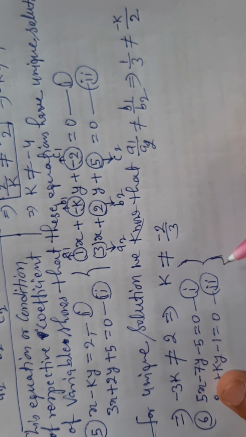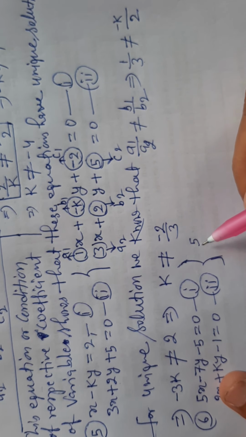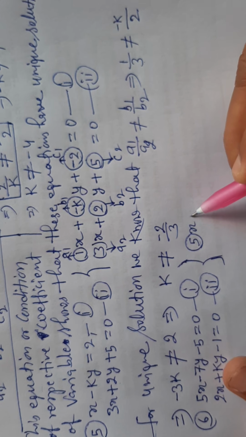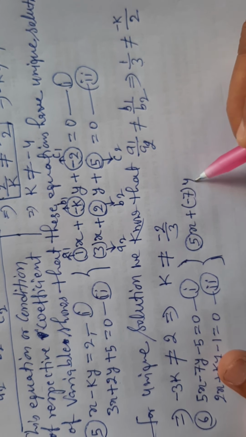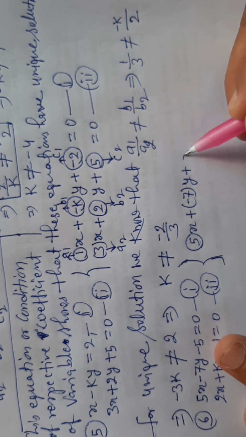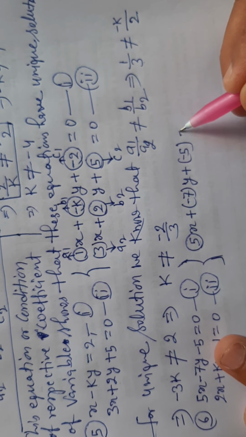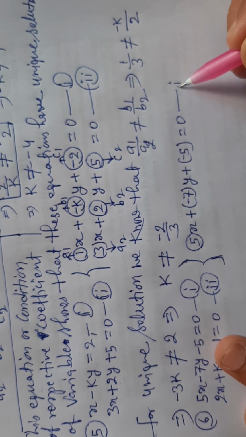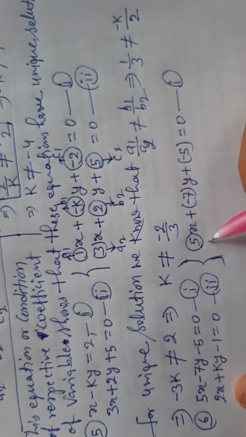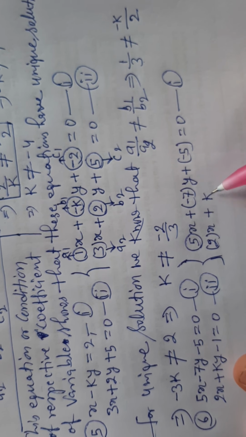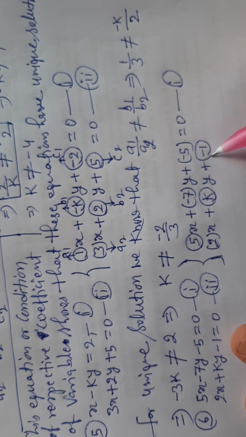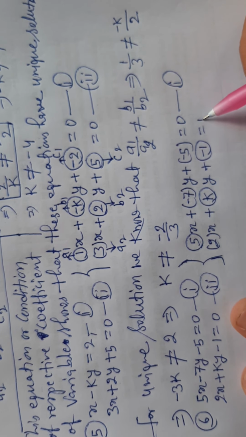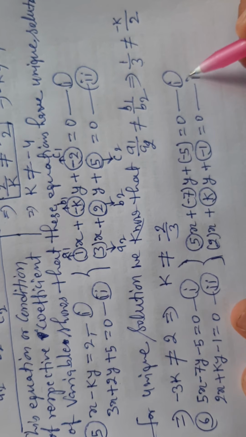We can write these equations as 5x plus minus 7y plus minus 5 is equal to 0, equation 1. And equation second, 2x plus ky plus minus 1 is equal to 0, equation 2.